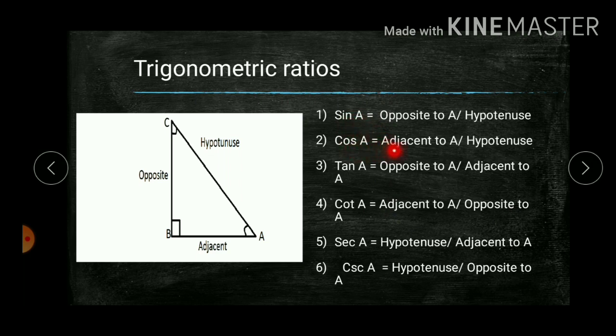Cos means cosine, tan means tangent, cot means cotangent, and sec is the short form, the full form is secant. And cosec means cosecant.